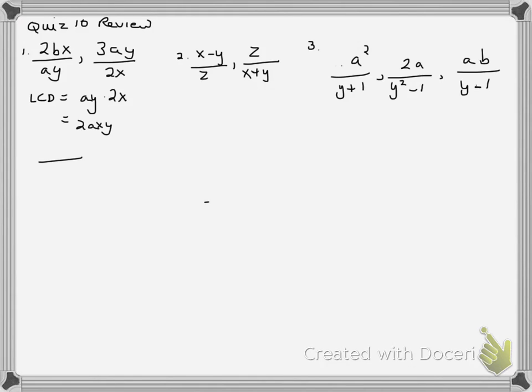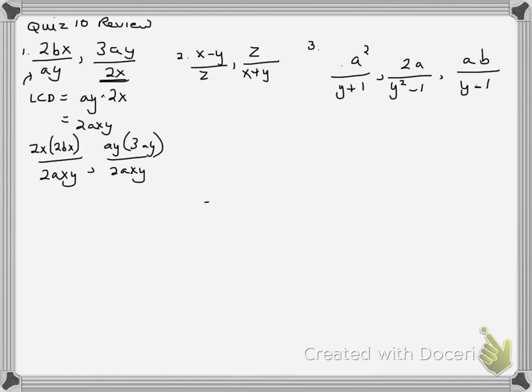Okay, so this is going to be a 2axy for the first fraction and a 2axy for the second fraction. What am I missing here? I have an ay, so I need a 2x as a multiplier by 2bx. What am I missing here? I've got the 2x, so I need the ay. So I've got an ay times the numerator, 3ay.